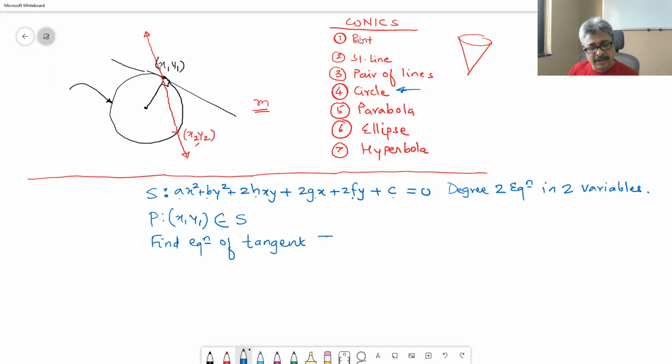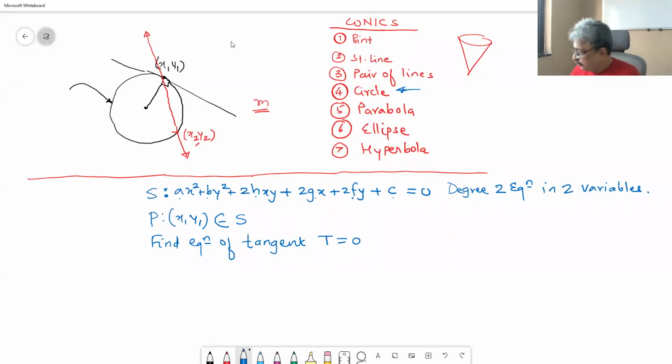We call that equation T. T is going to be the left-hand side algebra part of the equation that you will find, and the RHS is going to be 0. So T equal to 0 is going to be your equation of the tangent. So find T. Okay, let us do it. It is exactly similar to what we did in the case of the circle.